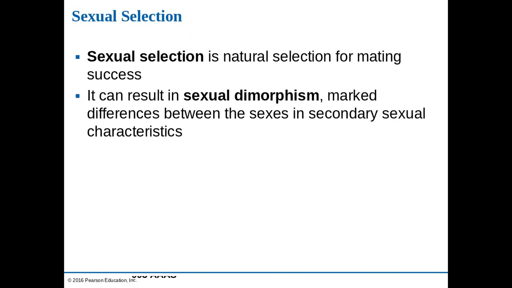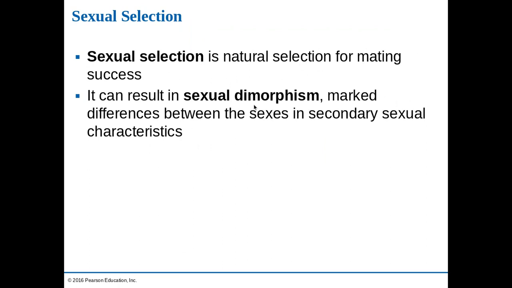The one other type of selection that occurs is sexual selection, and this is natural selection that occurs when organisms choose individuals based on their ability to mate. Sometimes this will result in something called sexual dimorphism.